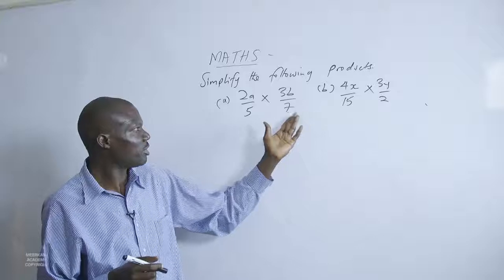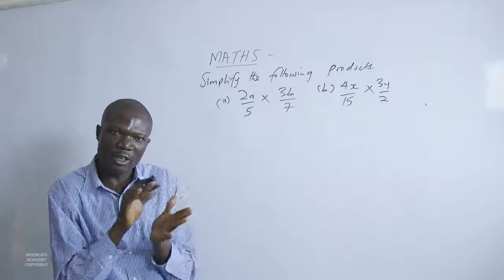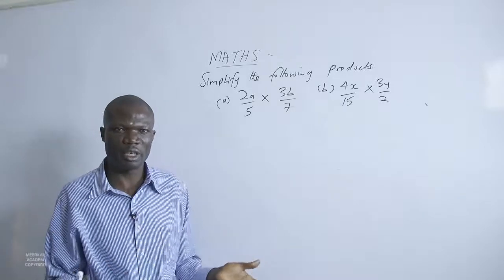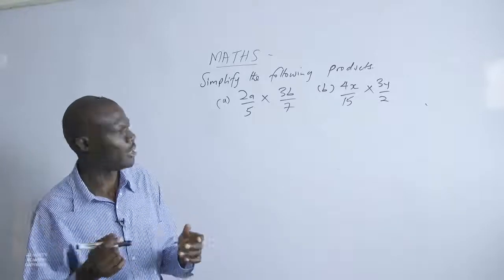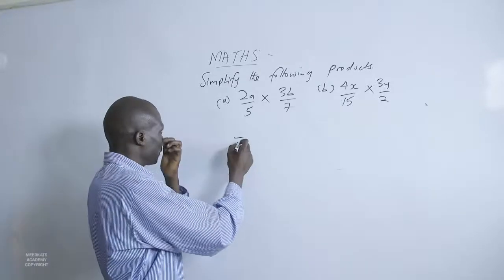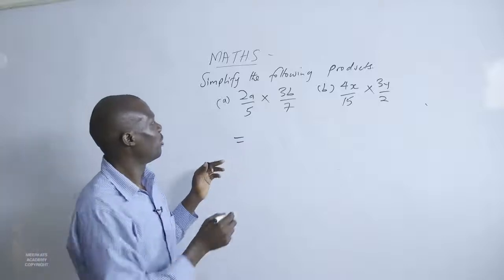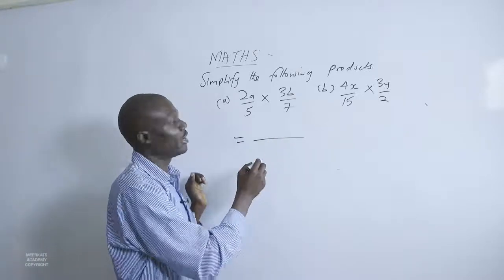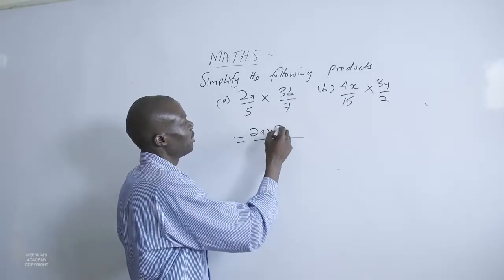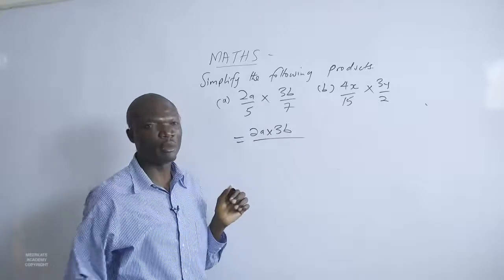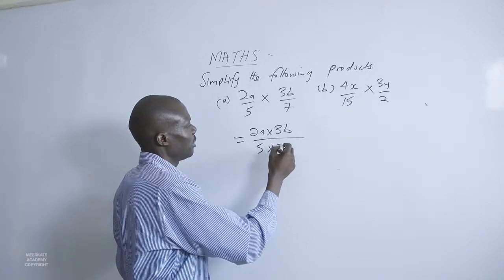Look at this. We are only to multiply and simplify. From what we have seen, there is no division, so we shall move ahead multiplying the numerators alone separately, and then denominators also separately. So the numerators multiplied together, that is 2a times 3b, over the denominator, 5 times 7.